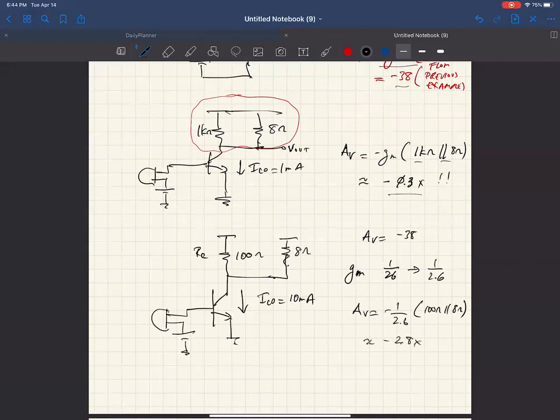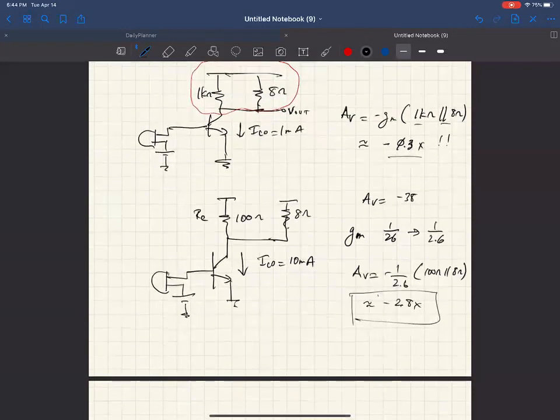So at least you're getting some gain. There's definitely a drop in gain, but at least it's some kind of a gain you're getting by reducing your own amp's output resistance to be able to drive something low resistance.